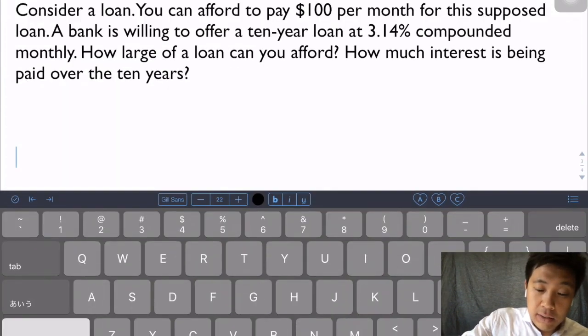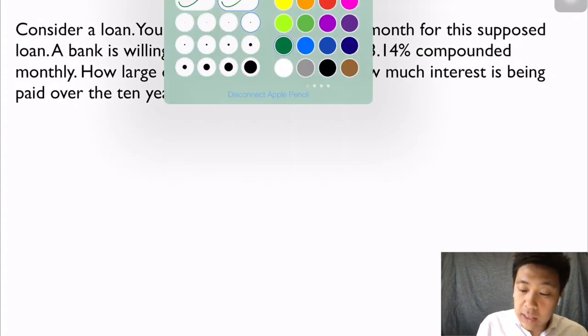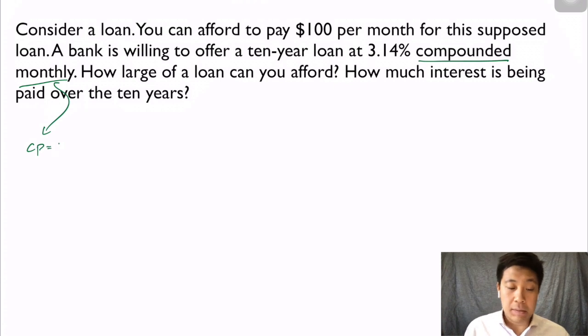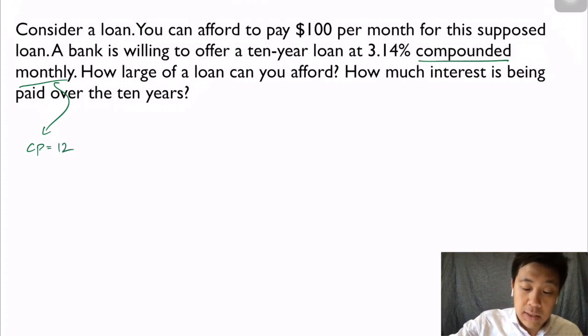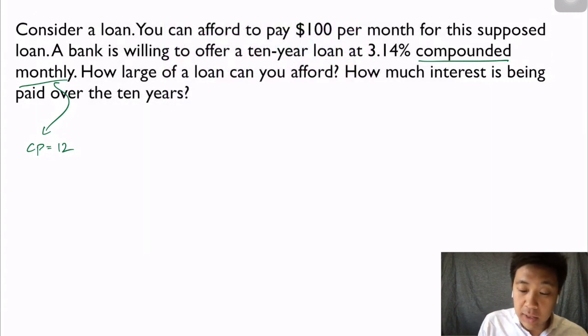Same hints, right? This one will move a little bit quicker. You can see compounded monthly, same thing, so the compounding period here is 12. And you know that it's a present value annuity, solving for the present value. How do you know that? Well, they told you that you can afford to pay 100 per month.